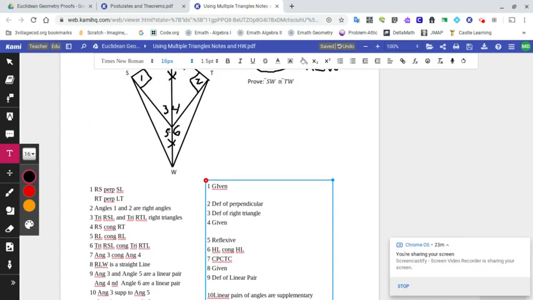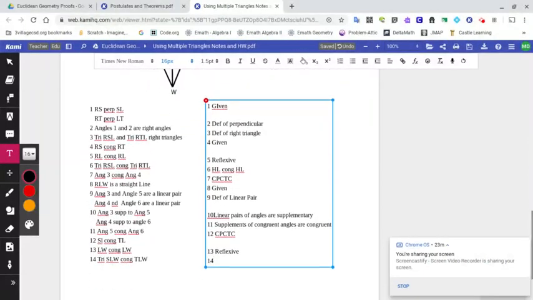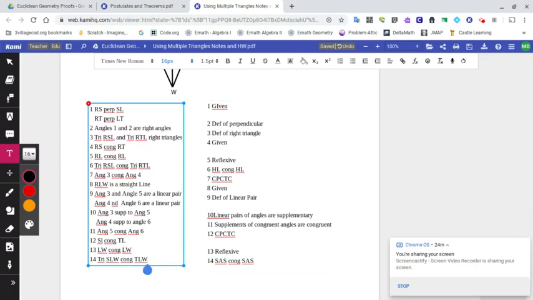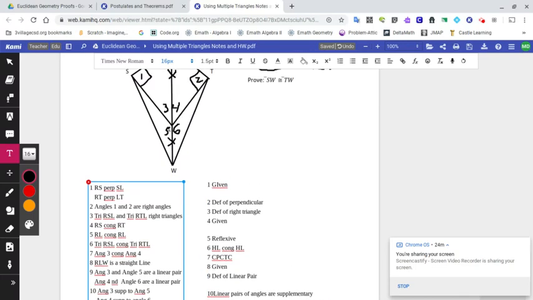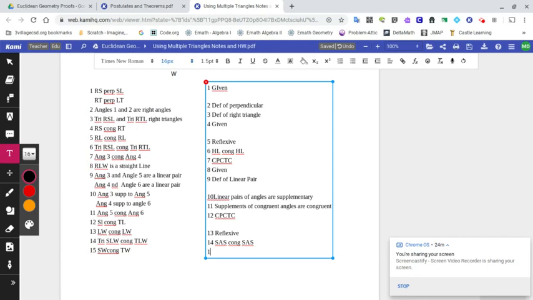I used side angle side, congruent to side angle side. And that's going to mean now 15, I can finally say SW is congruent to TW. And the reason being CPCTC.